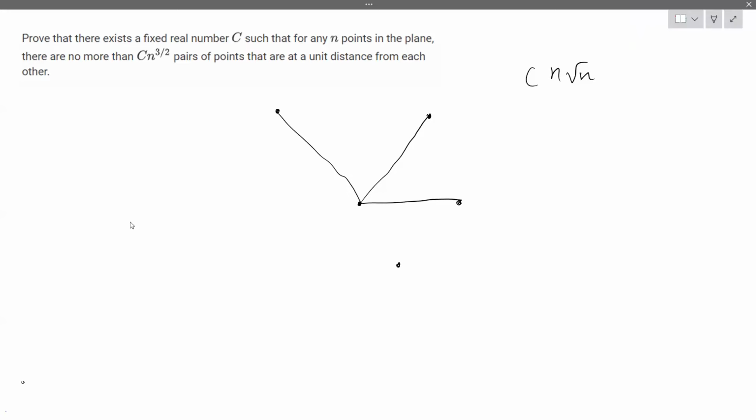So we have to find the constant or prove the existence of the constant. You could present an absolute constant c, or you could prove that there is a constant c. Of course, we're going to find an absolute constant c, but it doesn't really matter too much.